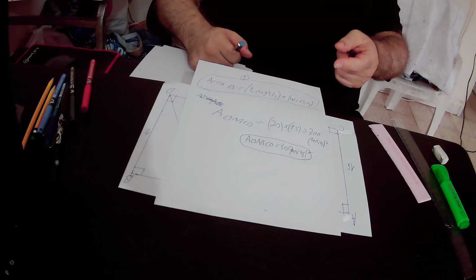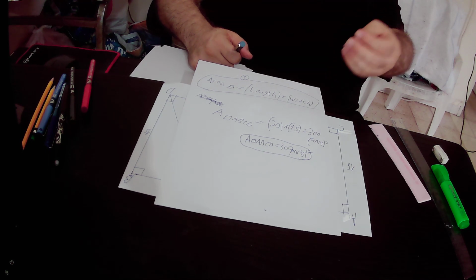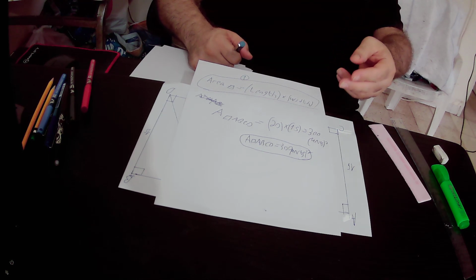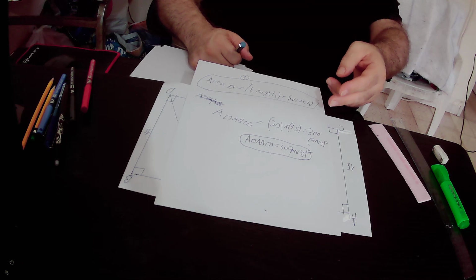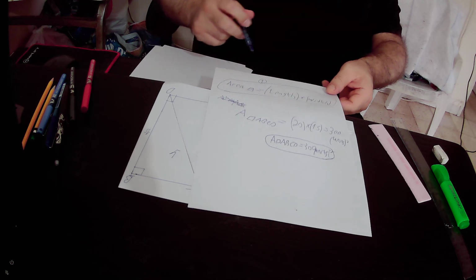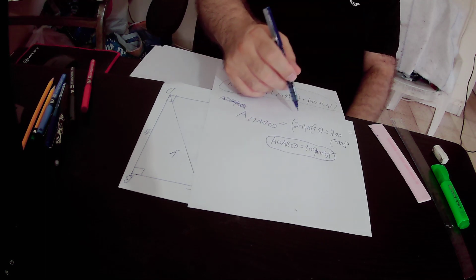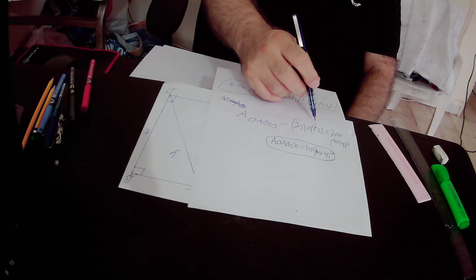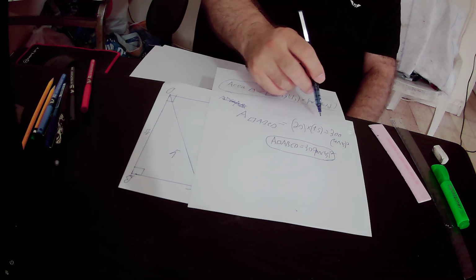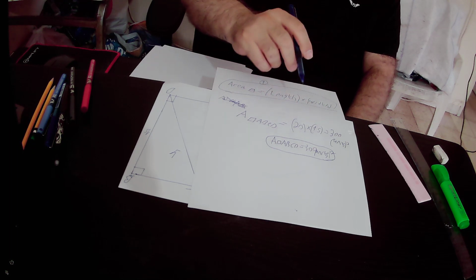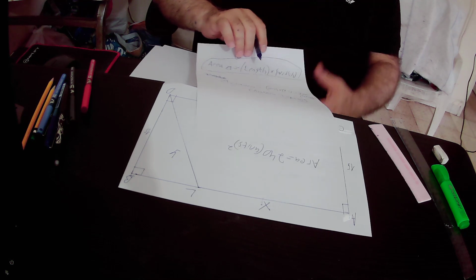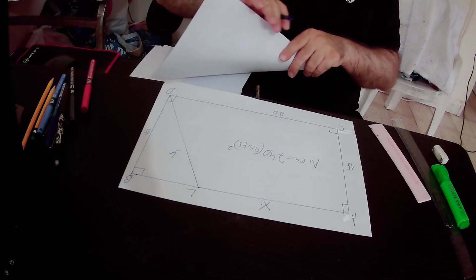I said 3, but I meant to say the area of rectangle ABCD equals 300 units squared, because it is the length, that is 20, times the width, that is 15. 20 times 15 is 300, so the area of rectangle ABCD equals 300 units squared.